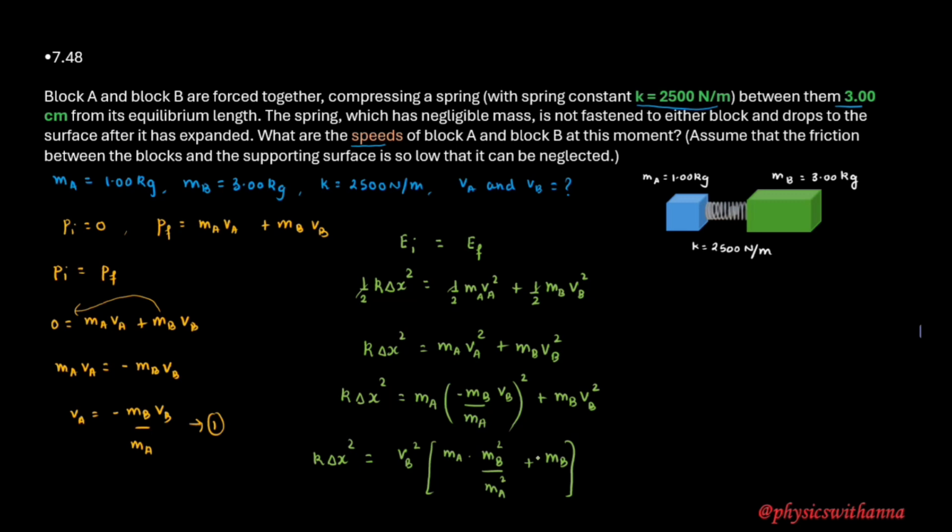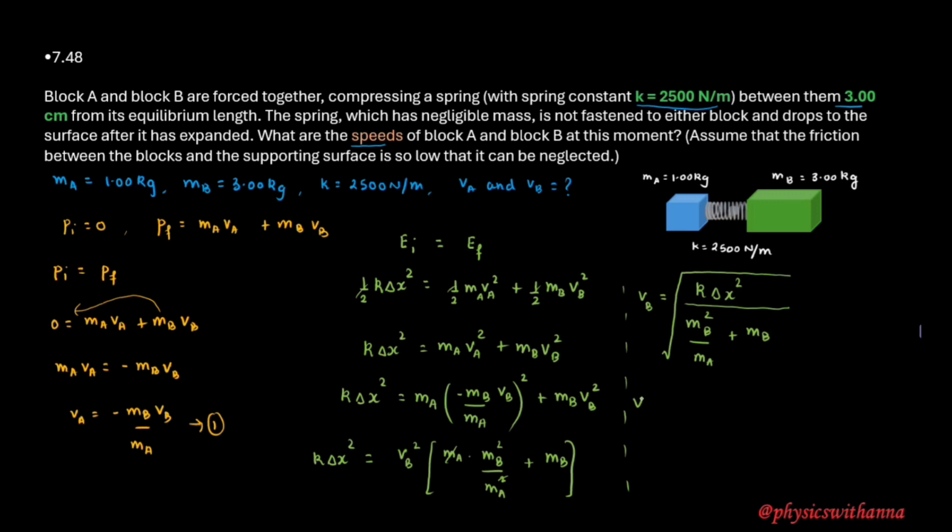So we will divide by the term over here and take the square root. So that gives me VB to be equal to K delta X squared over, you can cancel off the MA here and one of the MA from the denominator. And then we write whatever is left, MB squared over MA plus MB, and the whole thing in the square root.